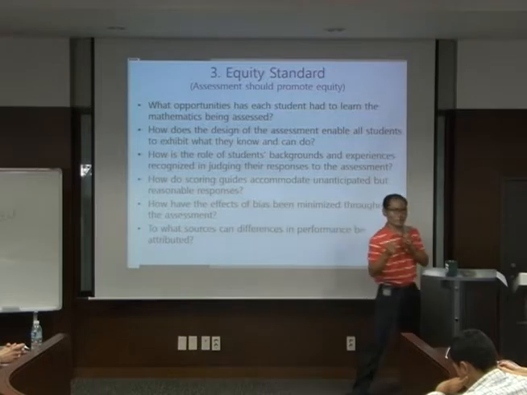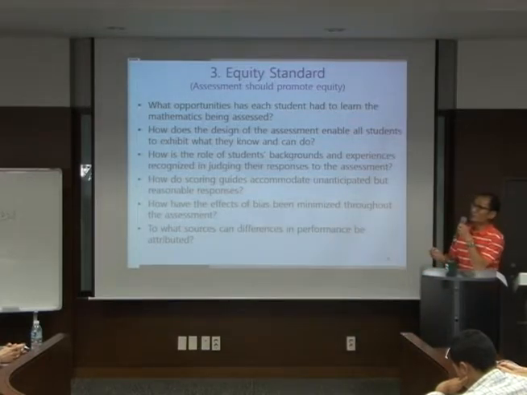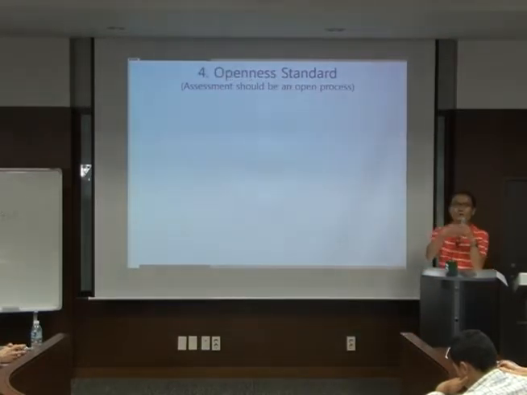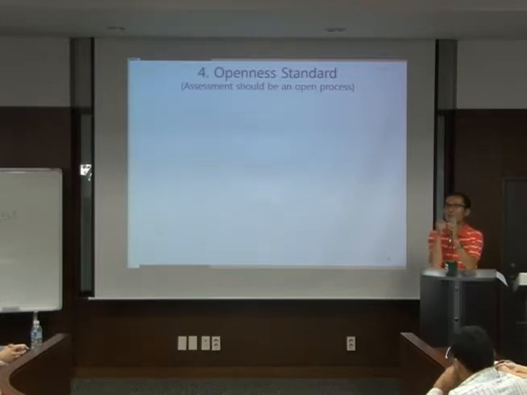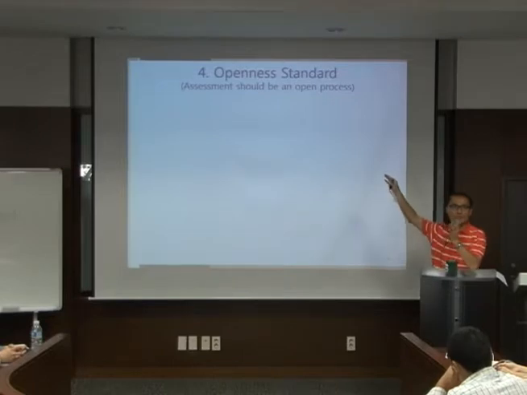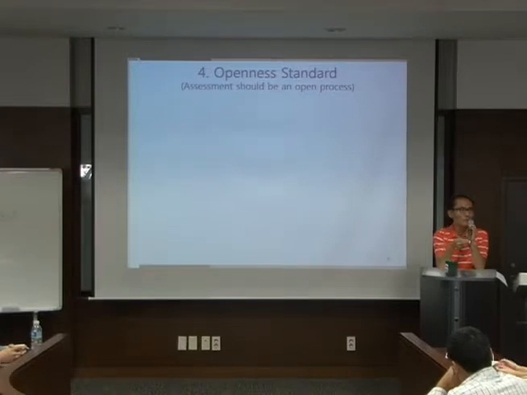That is the equity standard. Carefully read all of the items before working on your final project. Otherwise, at the end of the semester, I'm going to ask you a serious problem. Okay? So based on this standard, you need to think about what am I going to do? Why is this so important?